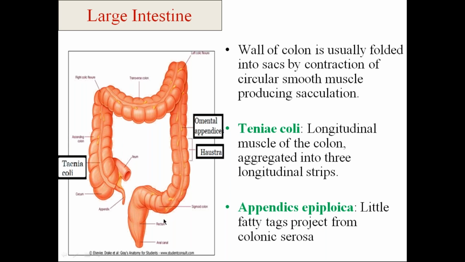It is aggregated in the form of three band-like structures, and these band-like structures are nothing but longitudinal muscles of the large intestine, which are known as tinea coli. In between this, you can see there is bulging of the large intestine. These are known as the haustra or the haustrations.